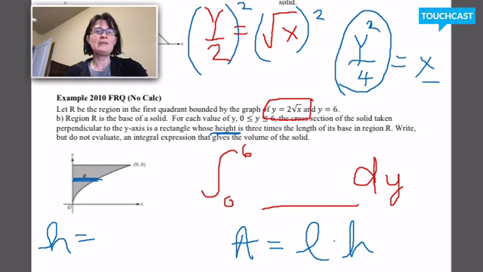And I know that height happens to equal 3 times the length. So I'll write it up on the next slide. Here we go. I'm going to need to integrate from 0 to 6. I'm integrating with respect to y this time, of the area of one rectangle face times the thickness of the rectangle, which is this dy.